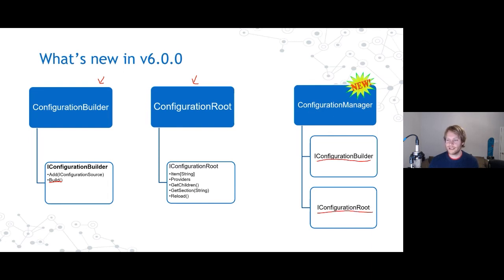That means that instead of creating a configuration builder, which builds a configuration root, we just use a configuration manager. And every single time you add a new configuration source, it'll rebuild itself, so it's usable straight away. There are caveats to both of these. Once the builder is built once, you can't really change it, and it's quite expensive to rebuild, whereas this is less expensive to rebuild because it knows how to rebuild itself without rebuilding the whole configuration root again.